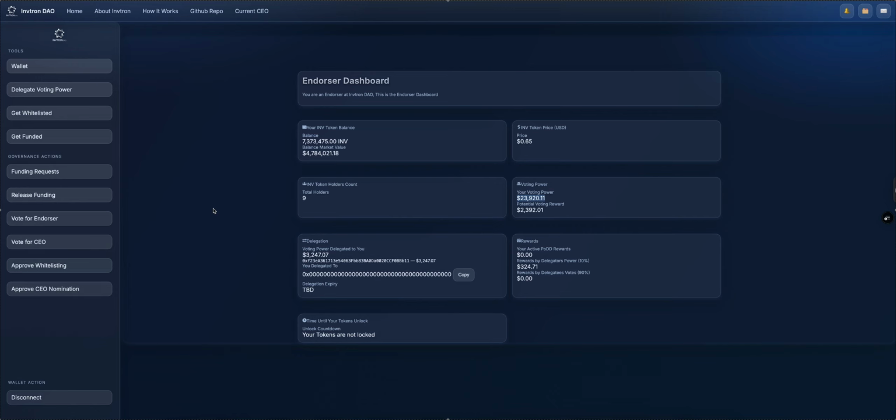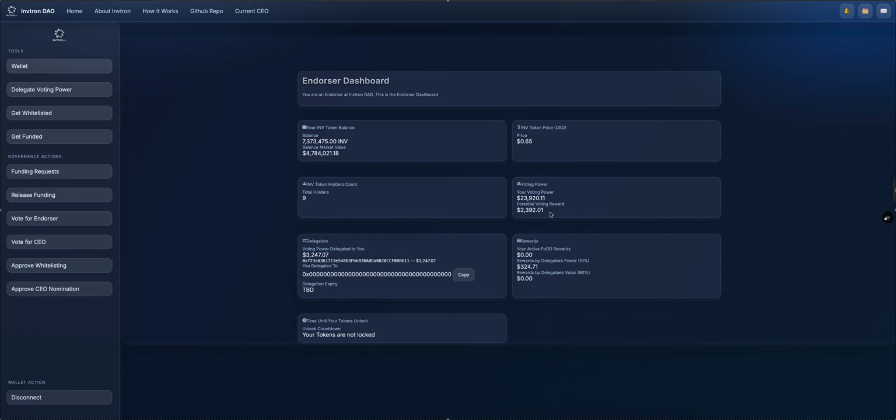So if the project is asking, let's say, $50,000, if I vote, I will credit this project with this balance and this voting power that I have. I credit this project $23,900, not from me, from the DAO.